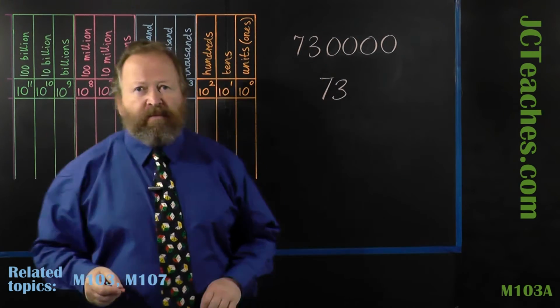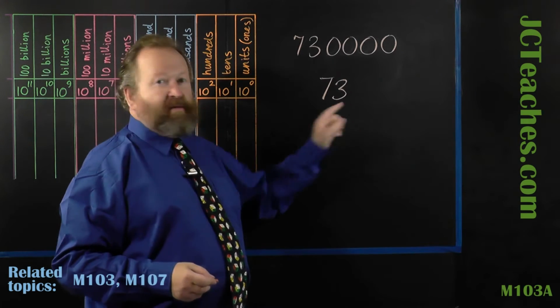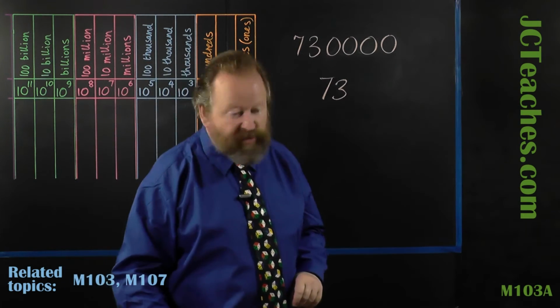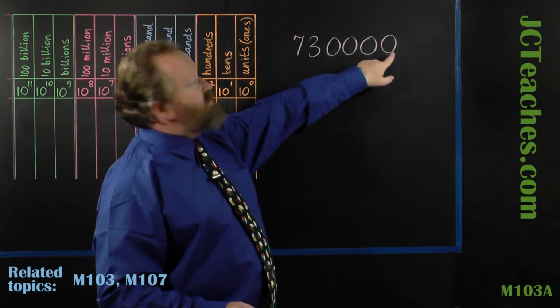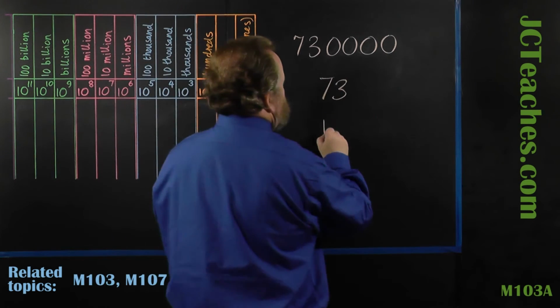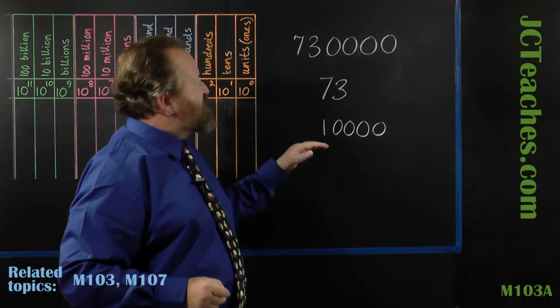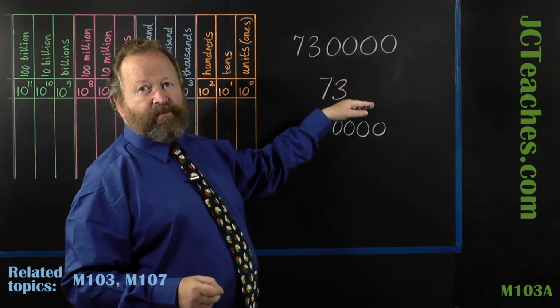that. 73 and a few zeros, how much bigger is that than 73? And you can look at it and you think, well, we've got 4 zeros on that one. So that one is 1 and 4 zeros times that one.